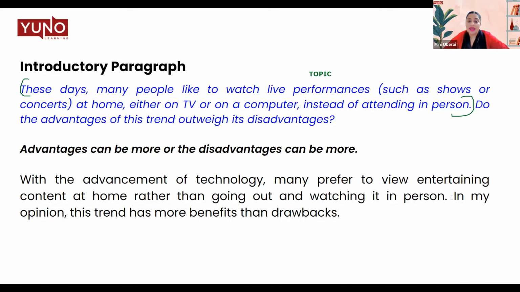After this, my thesis statement. So this is my thesis. In my opinion, this trend has more benefits than drawbacks. Simple and easy. Paraphrasing of the question topic and my thesis statement, which says that I believe, or in my view, or I opine that there are major benefits of this trend as compared to the drawbacks, right?